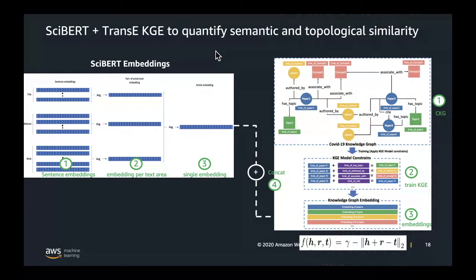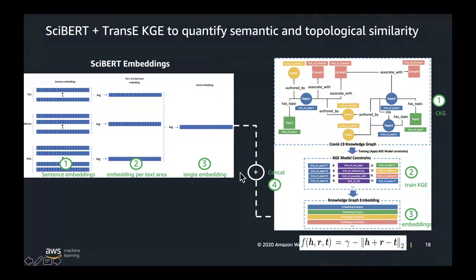Now, if we look at the right, we use TransE KGE via link prediction to train the graph and train the representation of the nodes and edges to accurately describe that a head node plus an entity is equal to the tail node whenever that appears in the graph, and break that equality when it doesn't, basically.